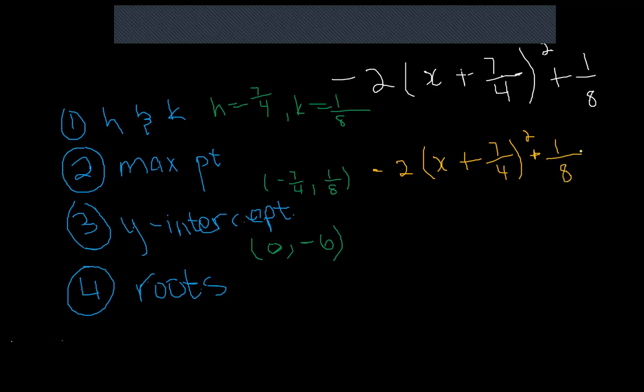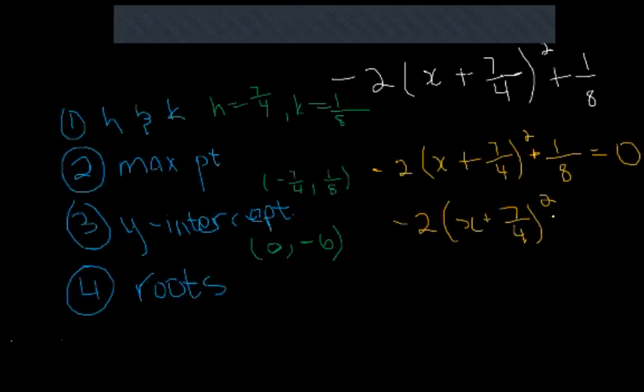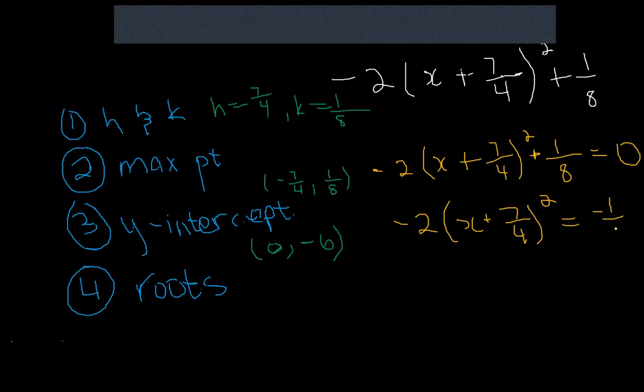What I do, just put this equal to 0. And I solve for the value of x. It's just algebra from here now, right? So this would become minus 2 times (x plus 7/4) squared, and this is going to be equal to minus 1 and 8.